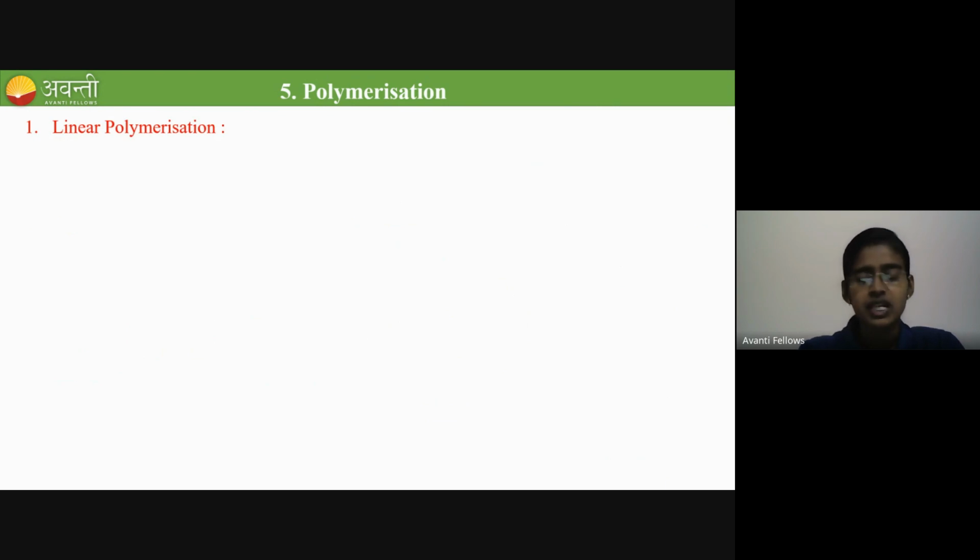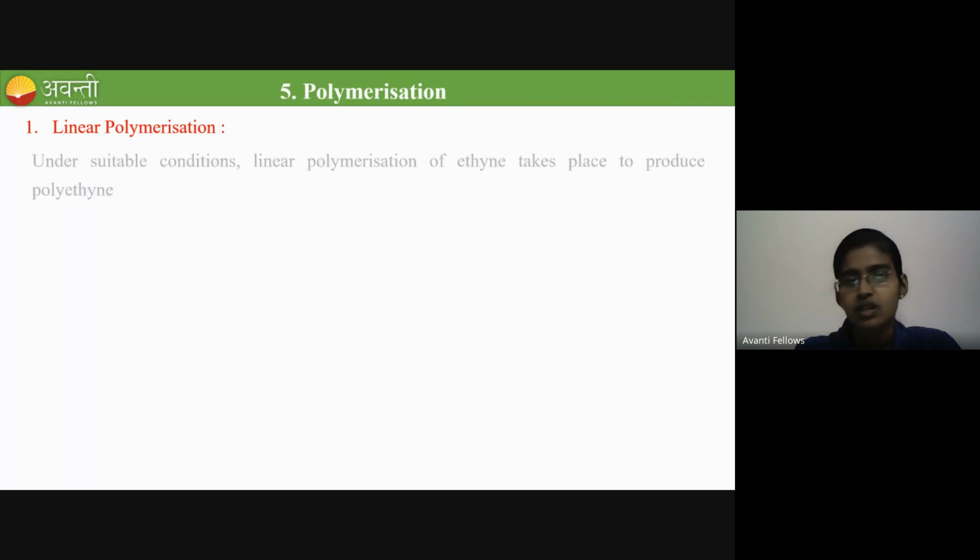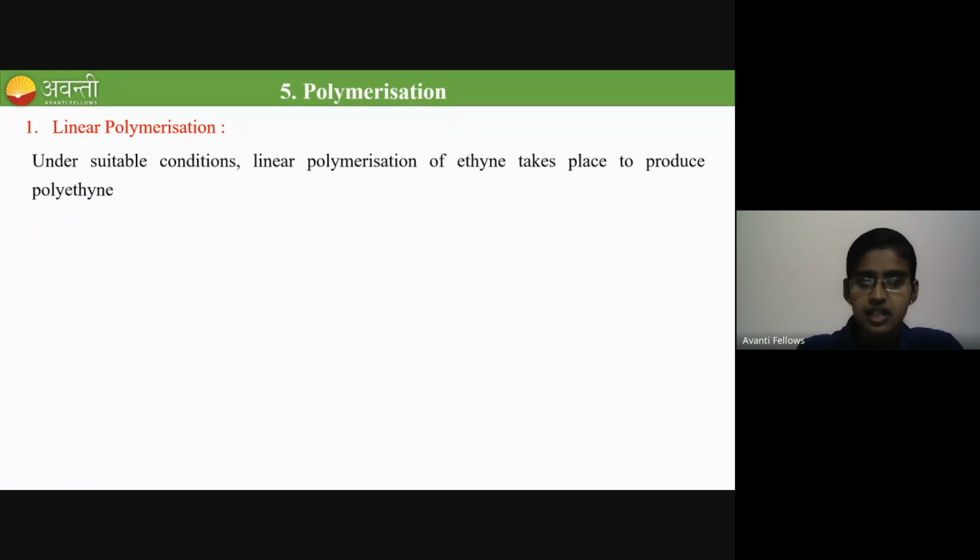Now we will study linear polymerization. Under suitable conditions, linear polymerization of ethyne produces polyacetylene. You remember we prepared polythene in alkenes; the same way we prepare this polymer.